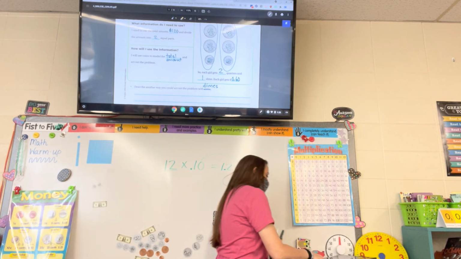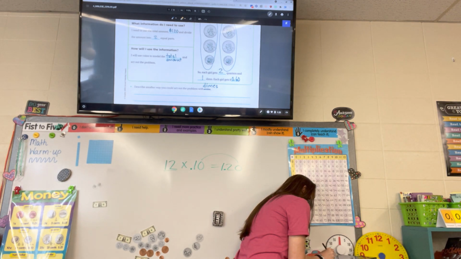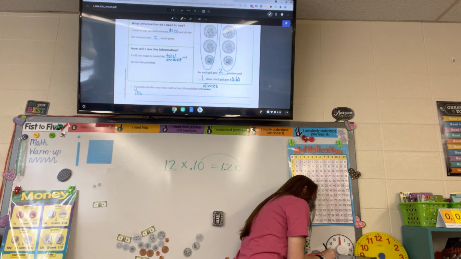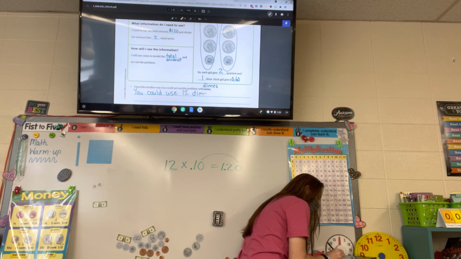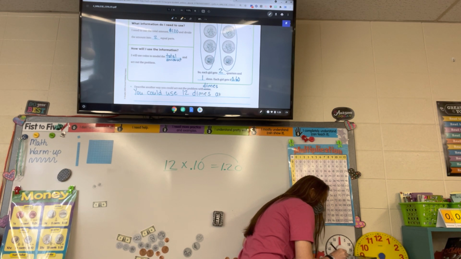So $1.20. So you could use 12 dimes, and each girl would get 6 for 60 cents.